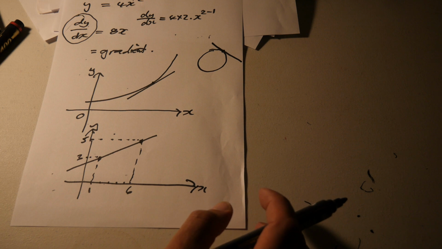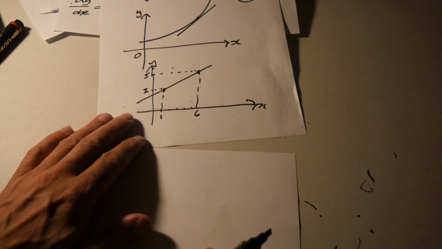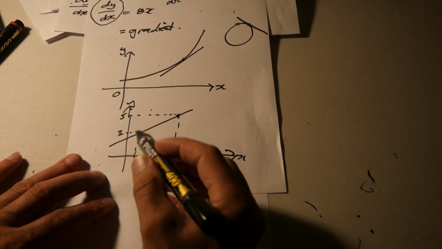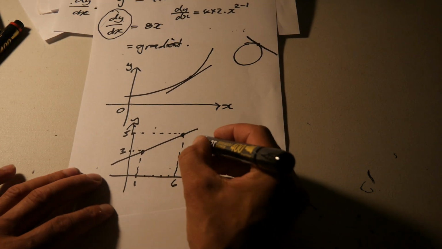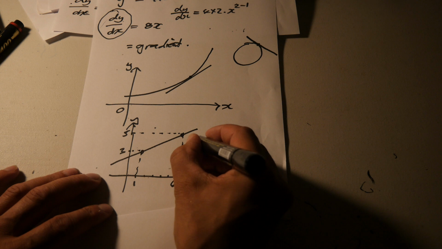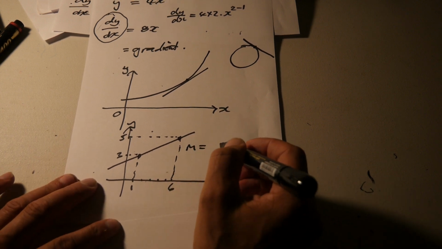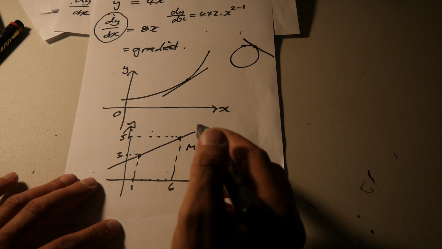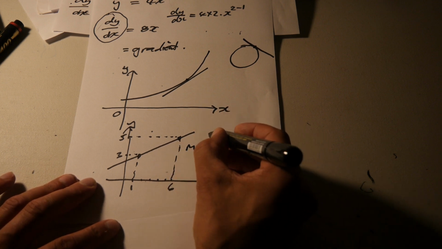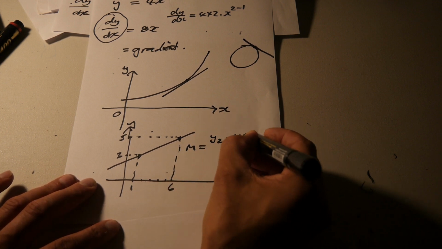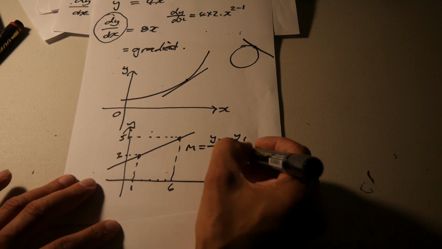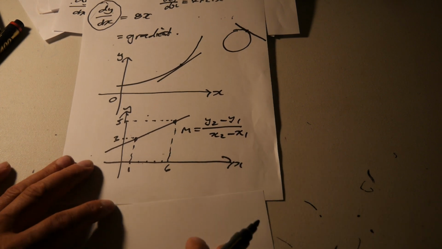So I've drawn out the gradient of this line, which we'll call m, it's usually given the symbol m, that's the gradient, is equal to y2 minus y1 over x2 minus x1, okay?